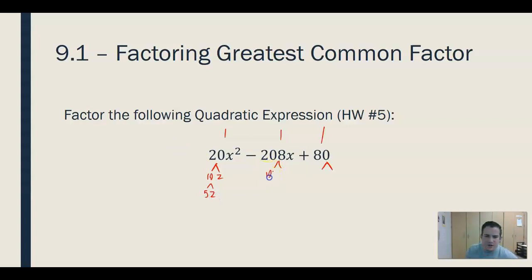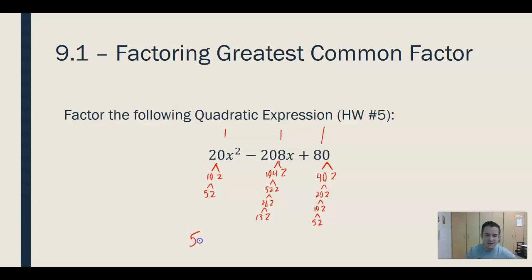This is 104 times 2, then 52 times 2, then 26 times 2, and then 13 times 2. 80 is 40 times 2, then 20 times 2, then 10 times 2, and then 5 times 2. You might break down those factor trees differently, but you should get the same factors at the very end as everybody else.